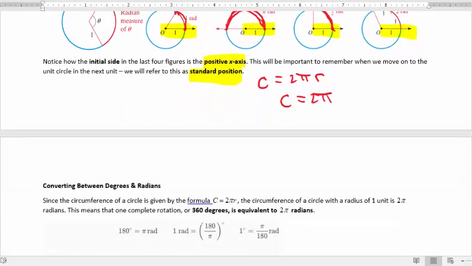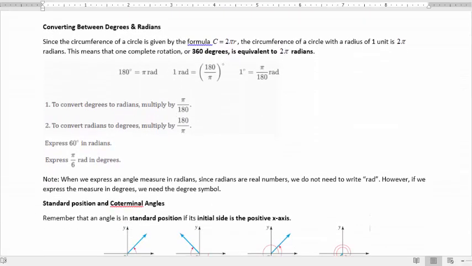And that's really where this next thing comes into play: converting between degrees and radians. We know that the formula for the circumference of a circle is 2 pi r, so if the radius is 1 unit, the circumference is 2 pi. So 360 degrees is equivalent to 2 pi radians.